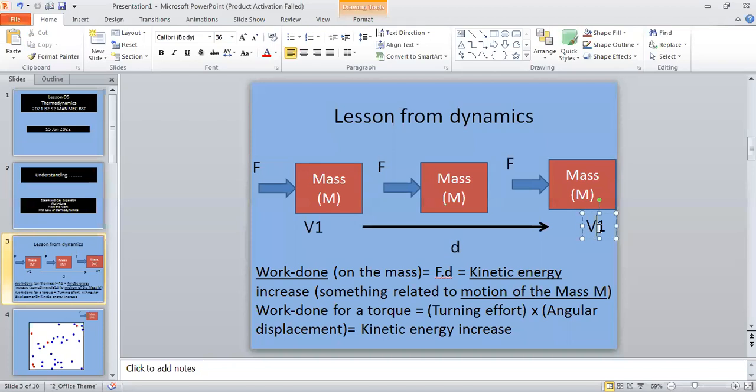Because of the force, this mass is energized and is now moving very fast, V2. This is energizing.